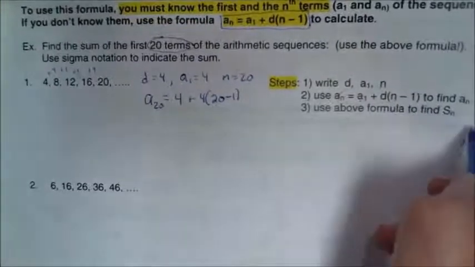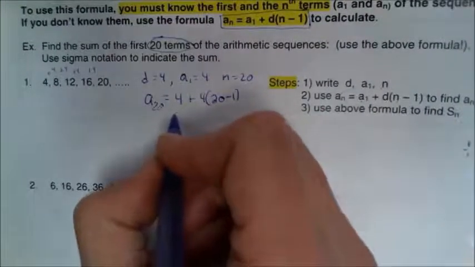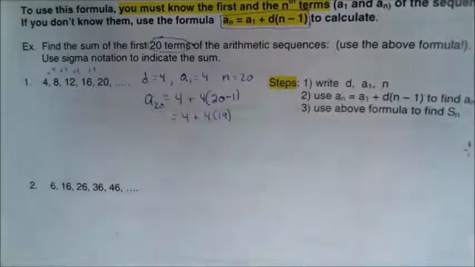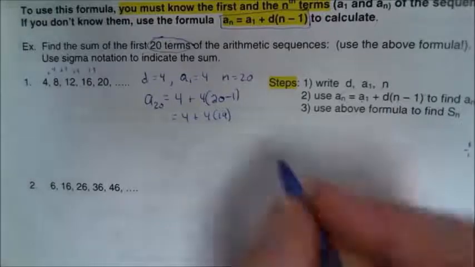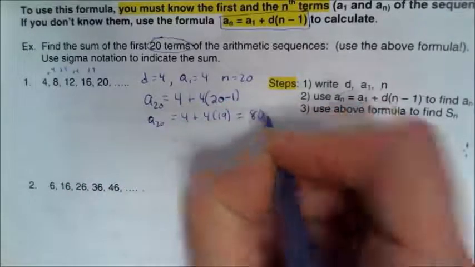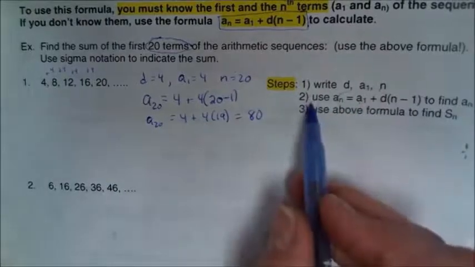So this is equal to 4 plus 4 times 19, which is equal to 80. So the 20th term is equal to 80.